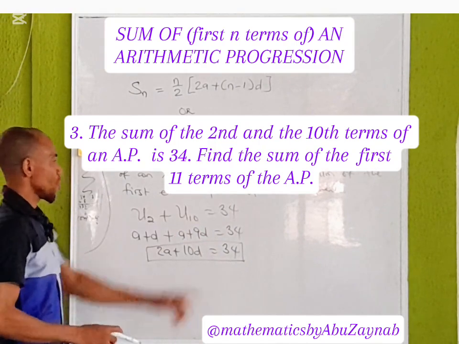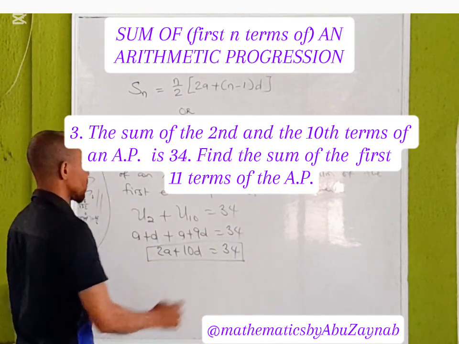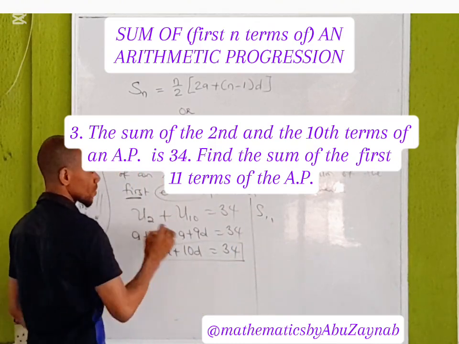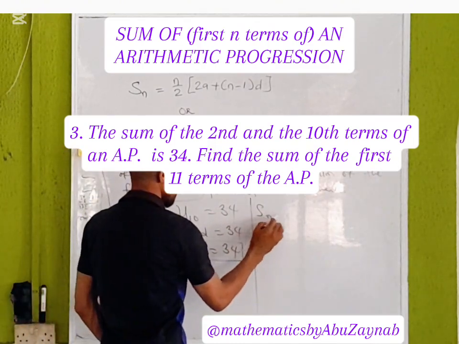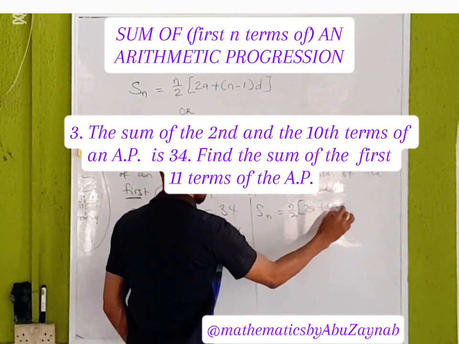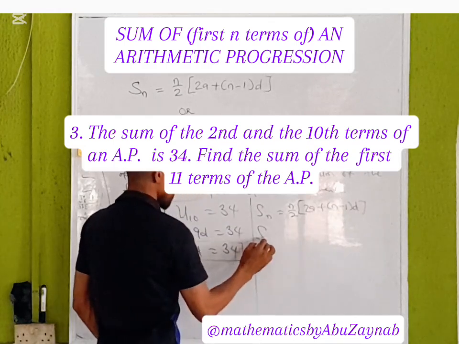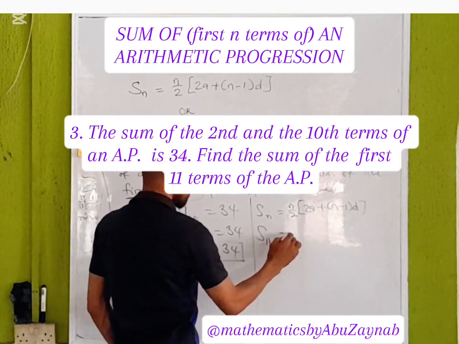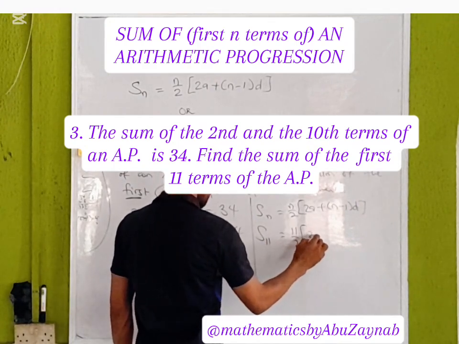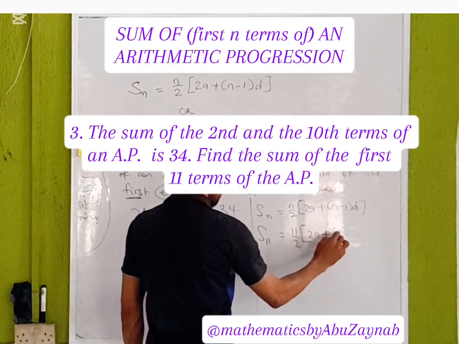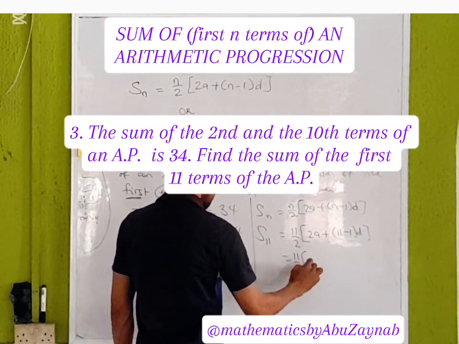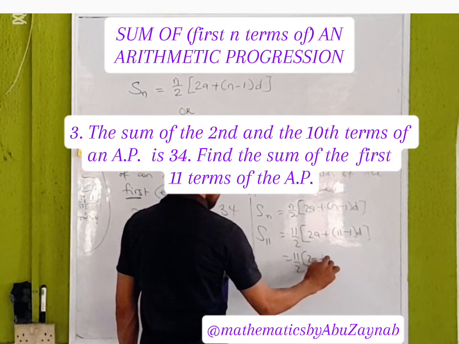We keep that. We now have to find the sum of the first 11 terms. So we use the formula Sn equals n over 2 times (2a plus (n minus 1)d). For the first 11 terms, that is 11 over 2 times (2a plus (11 minus 1)d), which is 11 over 2 times (2a plus 10d).